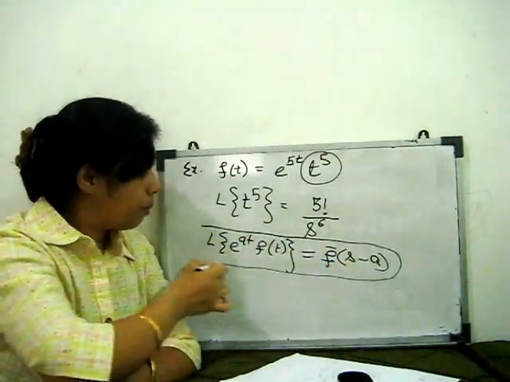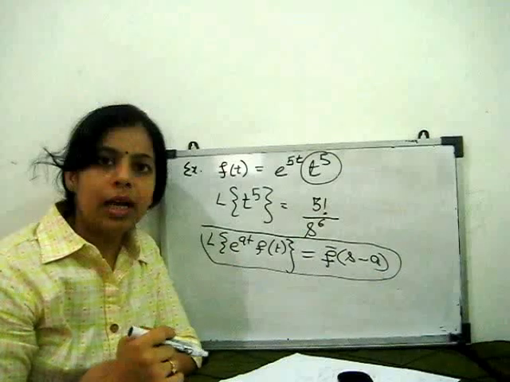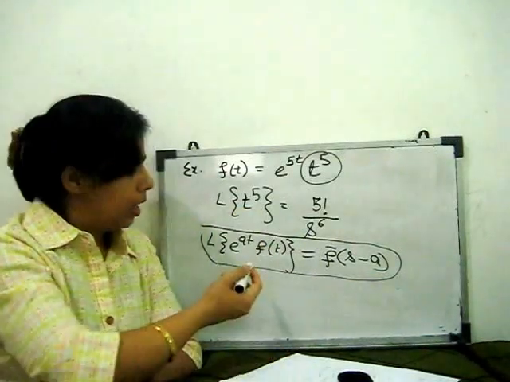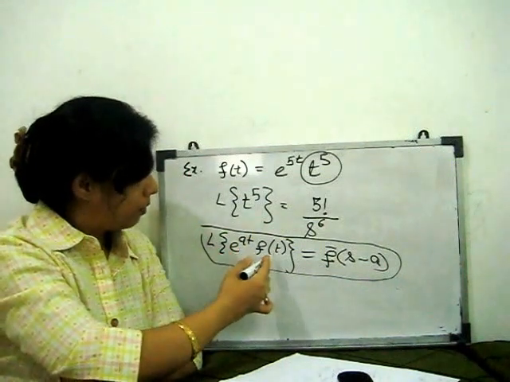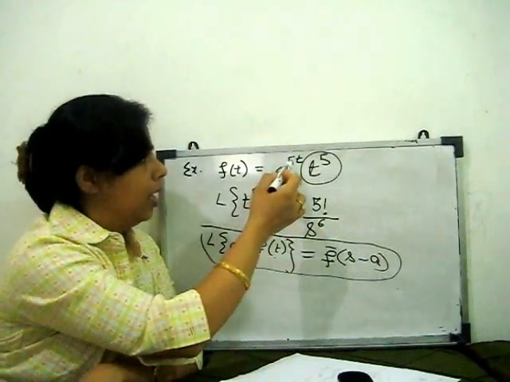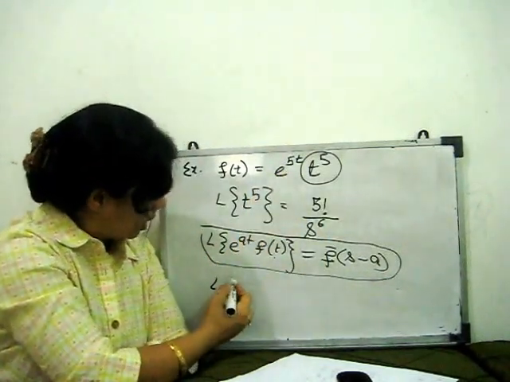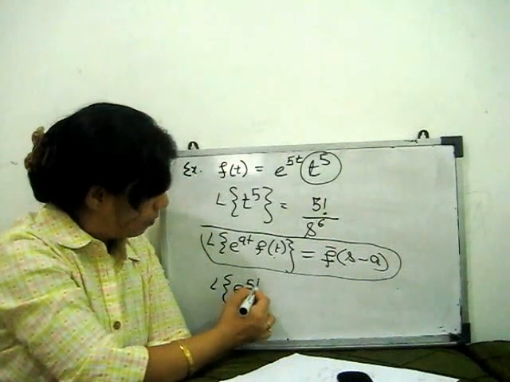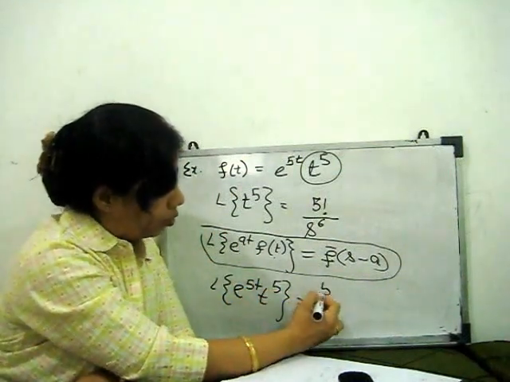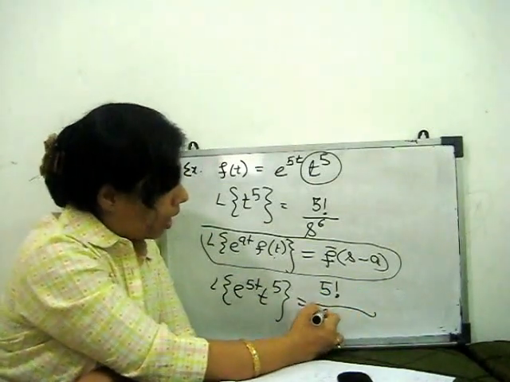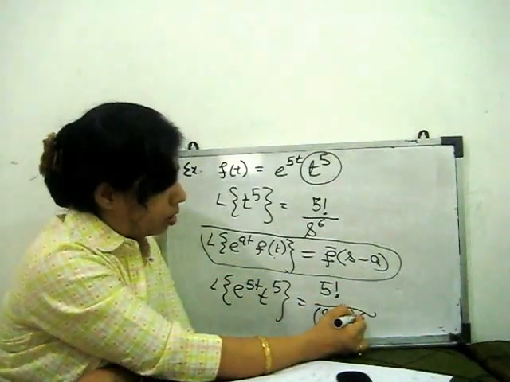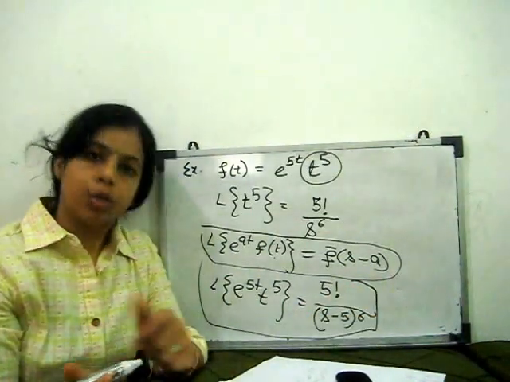When you use this property you have to write the statement: we are using the first shifting property, which says if any exponential function is multiplied, then s is replaced with s minus a. Here a is 5. So the Laplace transform of e to the power 5t t to the power 5 is factorial 5 upon (s minus 5) to the power 6, which is the required solution.